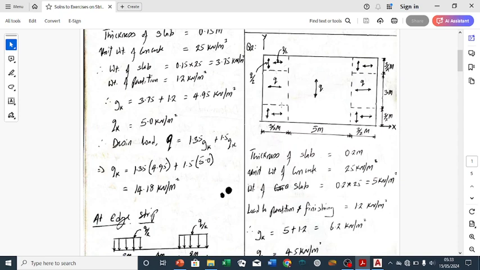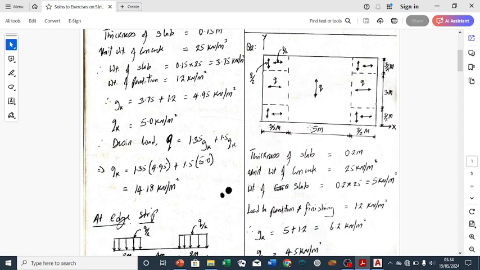If we come to the edge strip, remember the short span is 6 meter. So our edge strip is going to be 6 over 4, which gives us 3 over 2, 3 over 2. We have 3 over 2 and 3 over 2 here. In this short span, our middle strip will be 6 over 2, which is 3 meter.